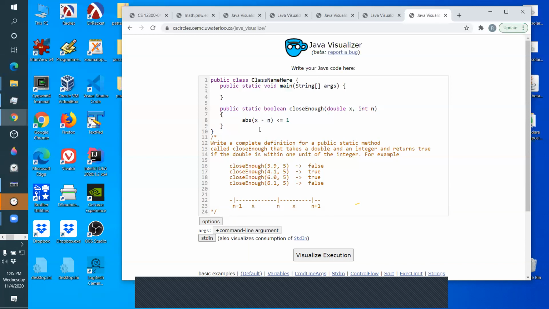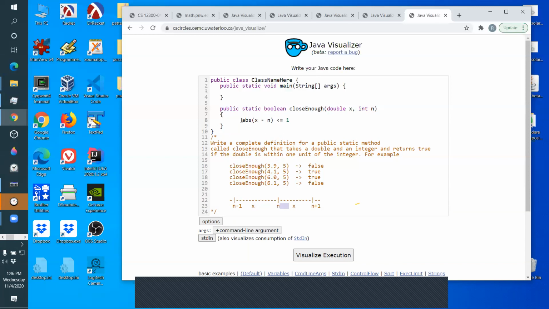On the other hand, if it's over here, x is the larger number, n is the smaller number, so x minus n is positive. But what I really care about is that distance. That's why I take the absolute value. I really just care what that distance is. And I want that distance to be less than or equal to 1.